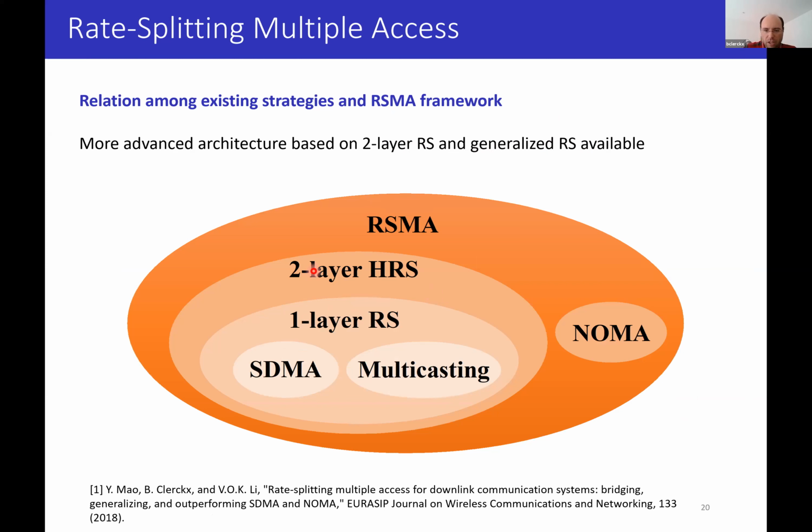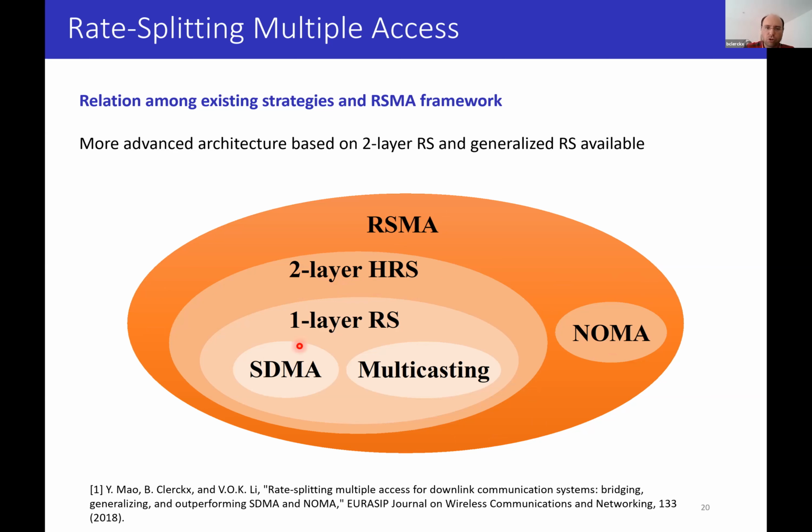You can do something slightly more complicated, which is a two-layer rate splitting. And then you can have a general approach of RSMA that will always encompass those different types of rate splitting, the SDMA architecture on one hand, and the NOMA architecture on the other hand.